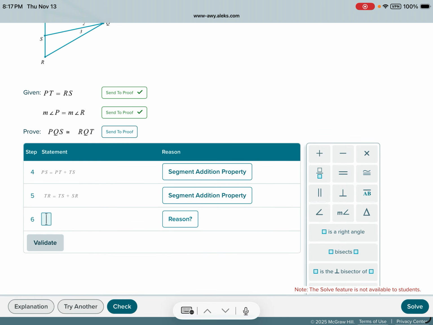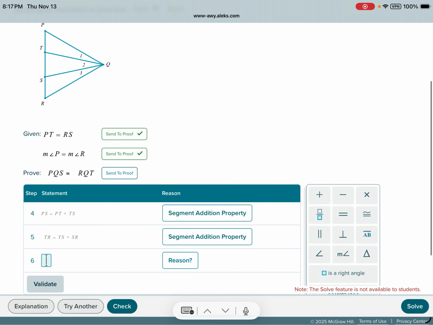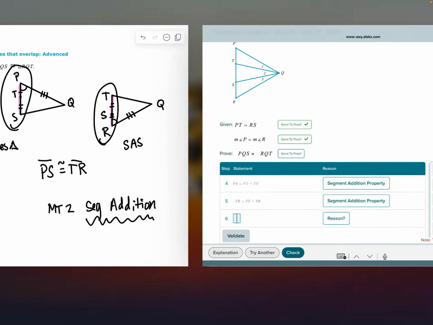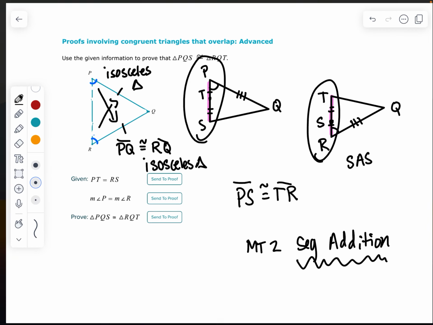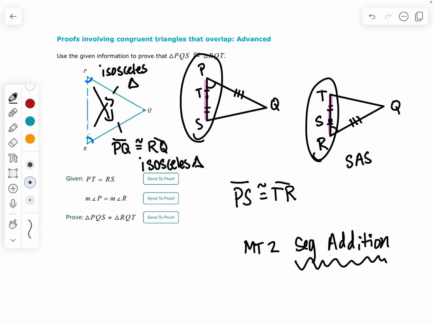Okay. Now we need to say that those are equal. And I want to remind you guys what this looks like.